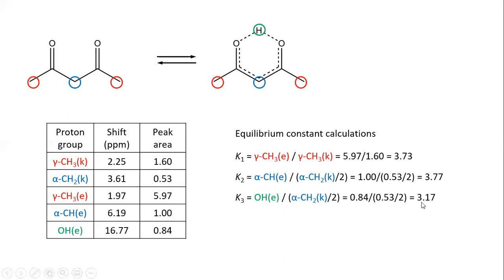And that gives us 3.17. So now you have 3 different equilibrium constant values, and you can do your analysis. You can take the average, or you can check whether you have an outlier, like this one, for example, and justify why, and do your analysis.